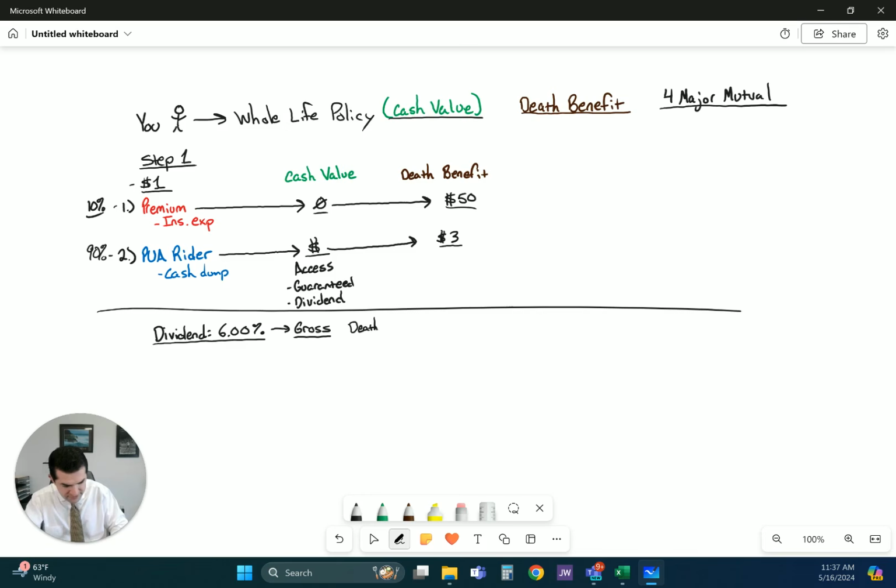So the dividend is applied to each policyholder's life insurance policy after you account for the cost of insurance. So you'll always have that life insurance expense with the policy. In short, a dividend rate of 6% might give you a net return of somewhere between 4 and 5%.